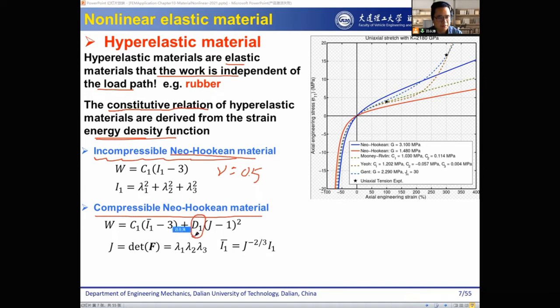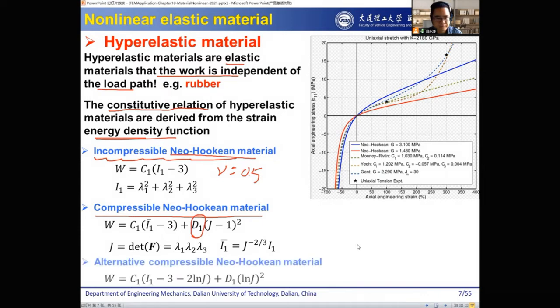Sometimes we call it the compressibility factor. So for the compressible neo-Hookean material, we have those additional terms to control the compressibility of the material. Okay.